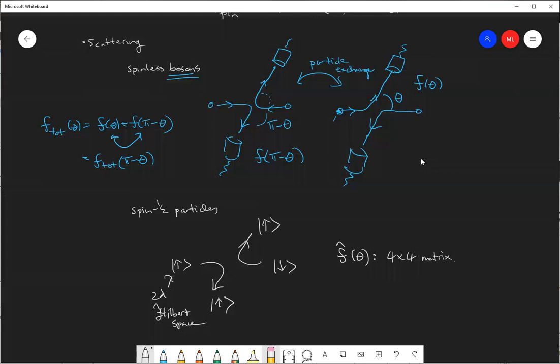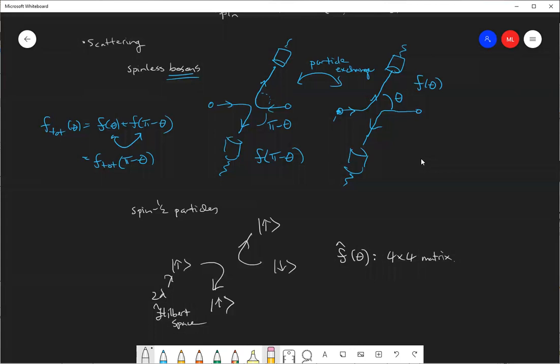Why is that? Well, because the scattering amplitude describes the connection between the incoming stuff and the outgoing stuff, right? So you need four different possibilities for both things, right?